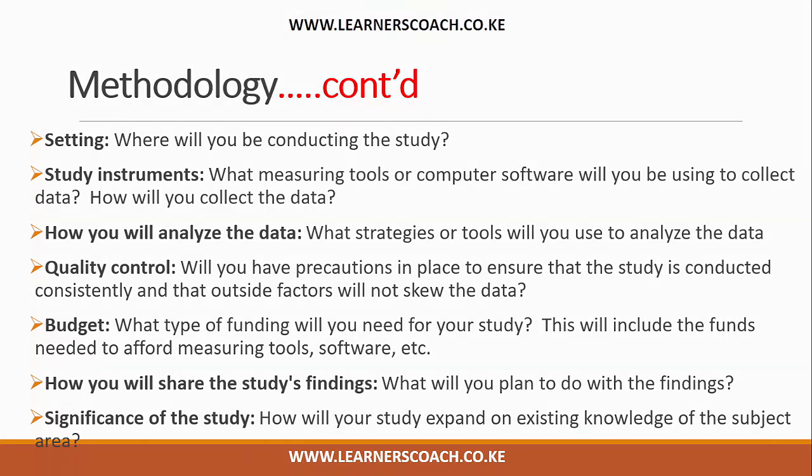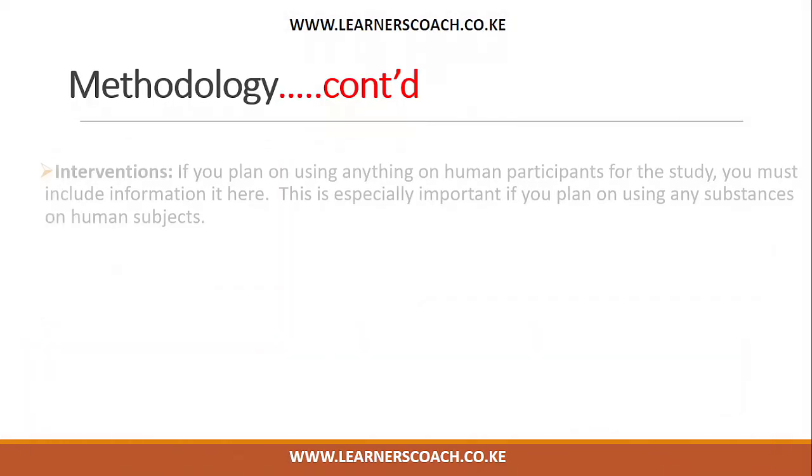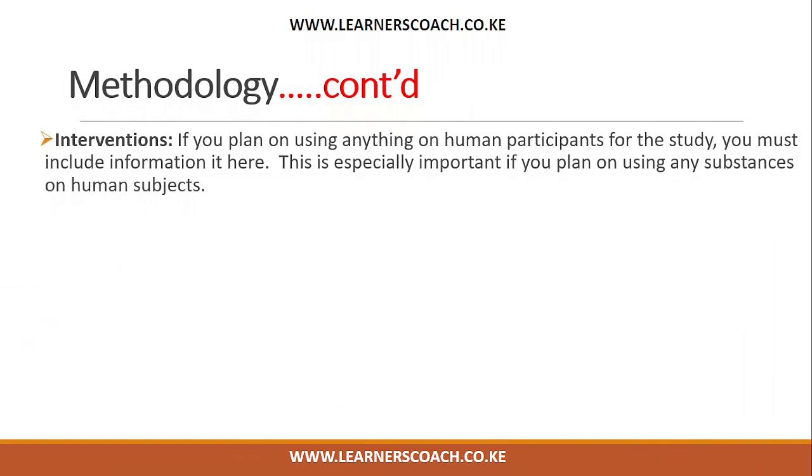area? So again, we can also talk about interventions. If you plan on using anything on human participants for the study, you must include information, right? This especially is important if you plan on using any substances on human subjects. So I hope you understand what these are.